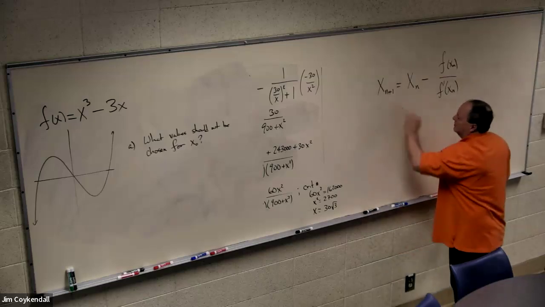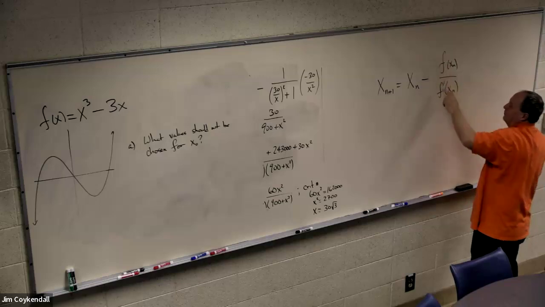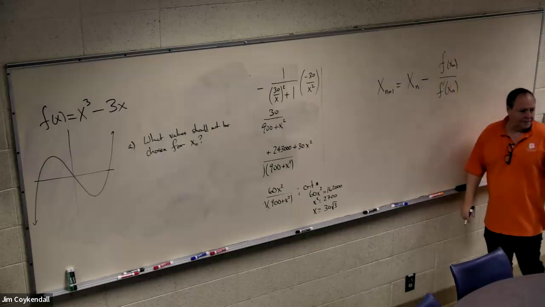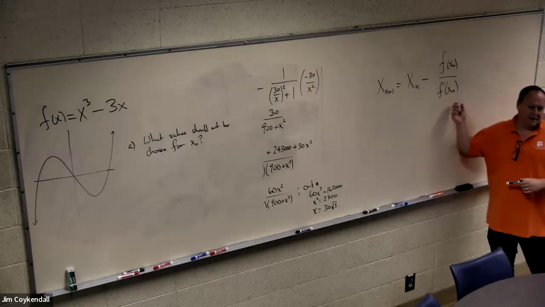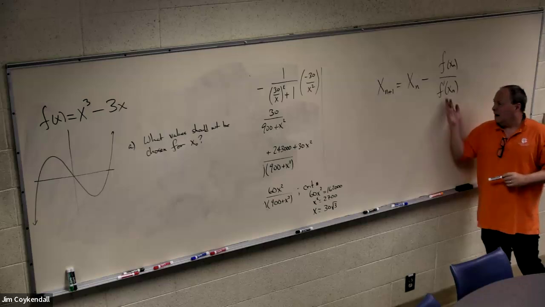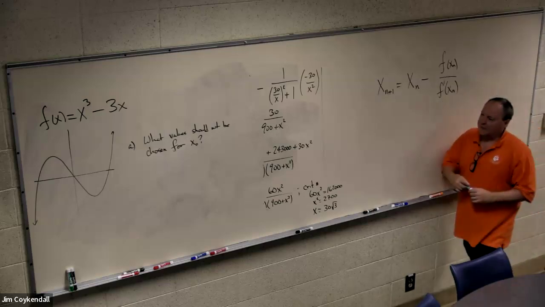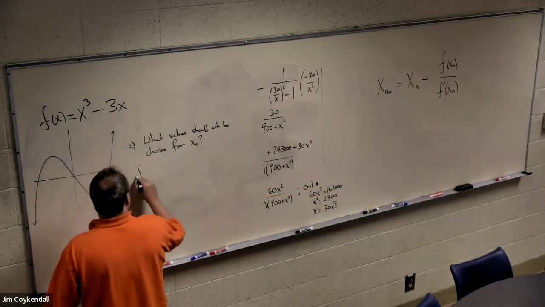Next approximation is the previous approximation minus f of the previous over f prime. This formula often reminds me what I don't want to put in. What would be a problem here? If you have a zero derivative, right? So let's see what the derivative of this is. F prime of x in this case, what?